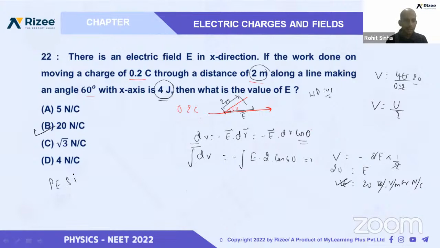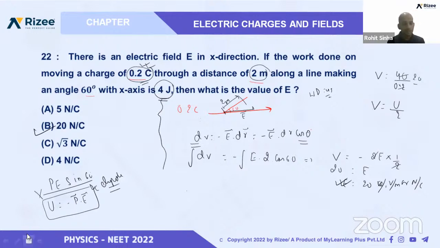Remember one thing: U is equal to minus P dot E. This is the formula of electric potential energy for a dipole. Here there is not any dipole, just a single charge of minus 0.2 coulomb. No dipole, so we can't use this formula. We have to proceed like this only.